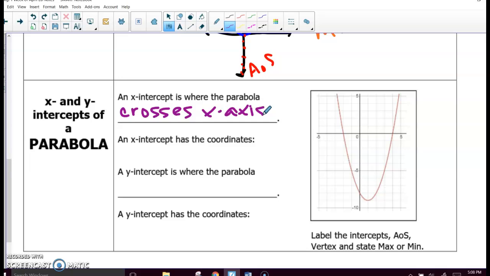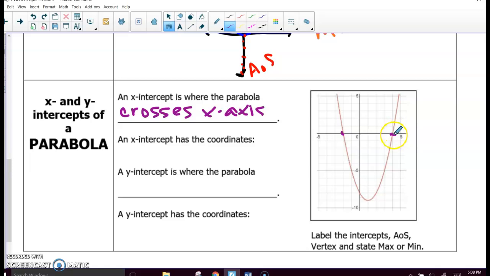The graph on the right is asking us to label the intercepts. So let's look at our X intercepts. Okay, where does my graph cross the X axis? Here is my X axis, so I have 2 points that are X intercepts. Right there and right there. When they want us to label them, that means they want us to label the coordinates.